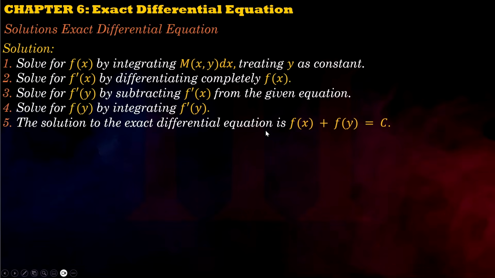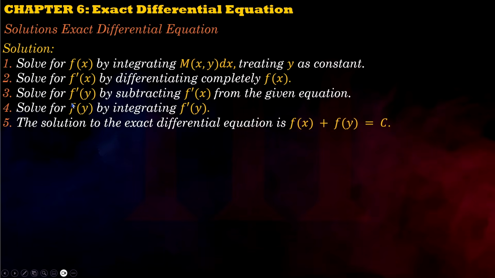So, if the differential equation is classified as an exact differential equation, then the solution would be this. First, solve for f of x by integrating M of x and y dx, treating y as a constant. After solving for f of x, we solve for f prime of x by completely differentiating f of x.